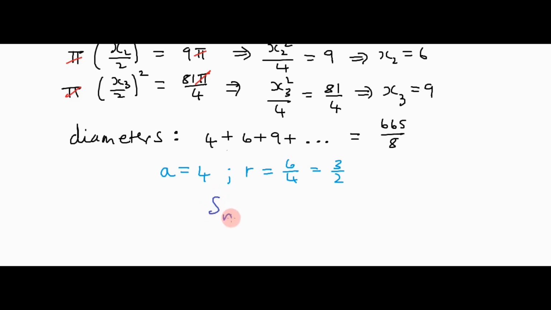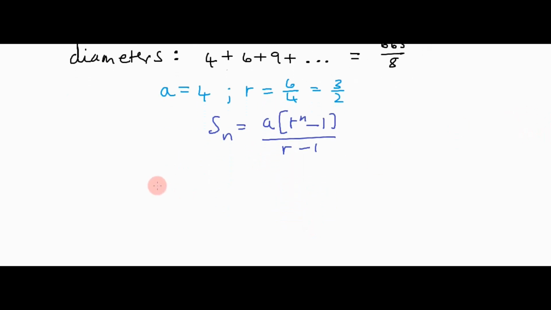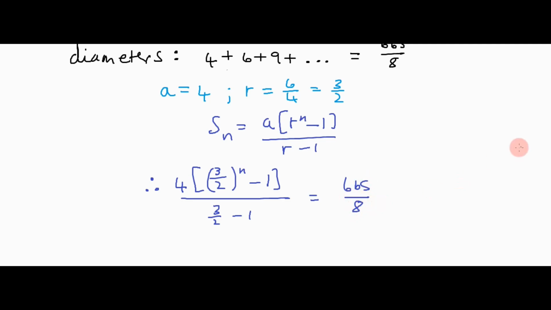We know that S sub n is A into R to the n minus 1 all over R minus 1. And we can substitute in these values. So A is 4, R is 3 over 2, so 3 over 2 to the n, minus 1, all over 3 over 2 minus 1, must come to 665 over 8.